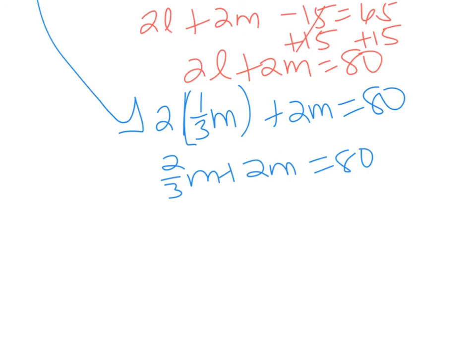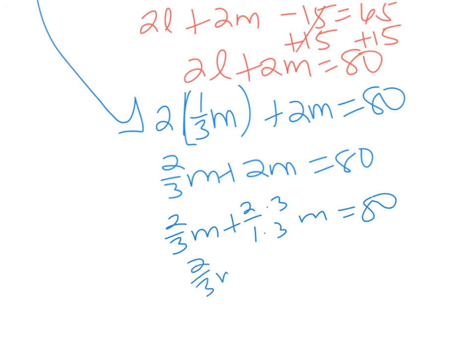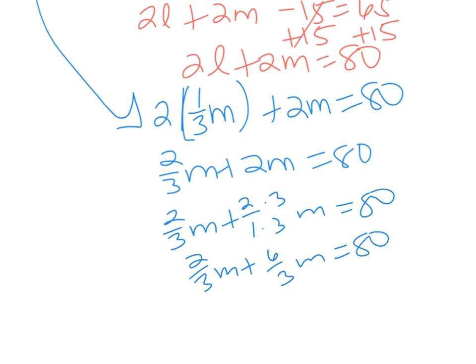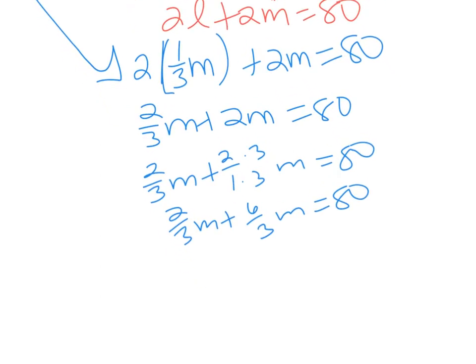And I need a common denominator, so I'm going to make this 2/3, and 2 is actually 2 over 1. But since I want it to have a common denominator, I'm going to have to multiply top and bottom by 3. So I have 2/3 M plus 6/3 M, which equals 80. Look at me. I am so optimistic. Look how my writing keeps going up like that.